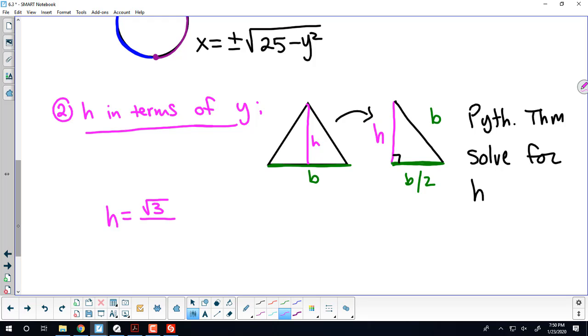This is h squared, we solve for h squared. For any equilateral triangle, the height is always root 3 over 2 times its base. That's good for us because we already know what b is in terms of y. We just found that.